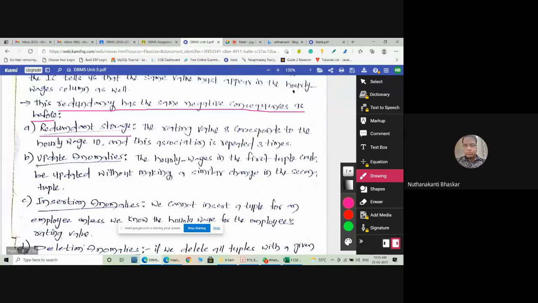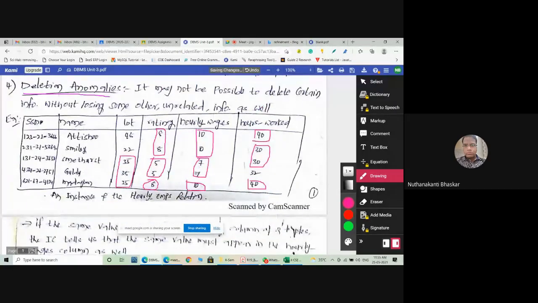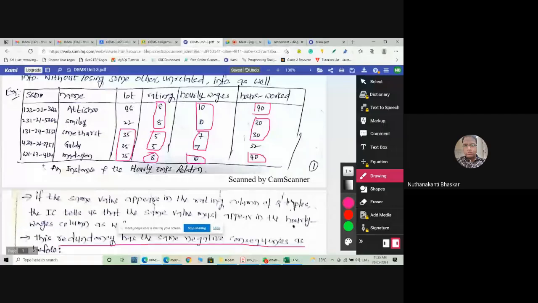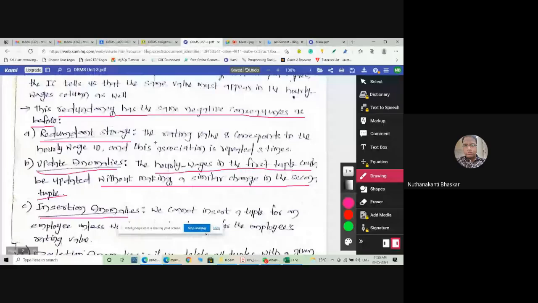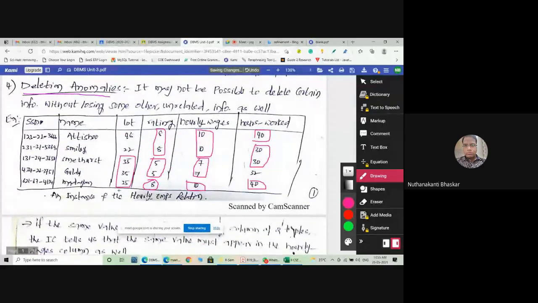The second one is update anomalies. When we update the hourly wages in one tuple, we must compulsorily make similar changes in the other tuples with the same rating. This applies to any tuple you update or insert.